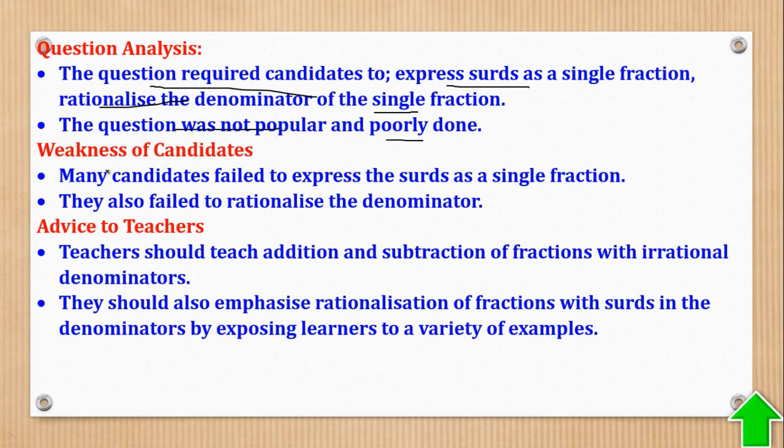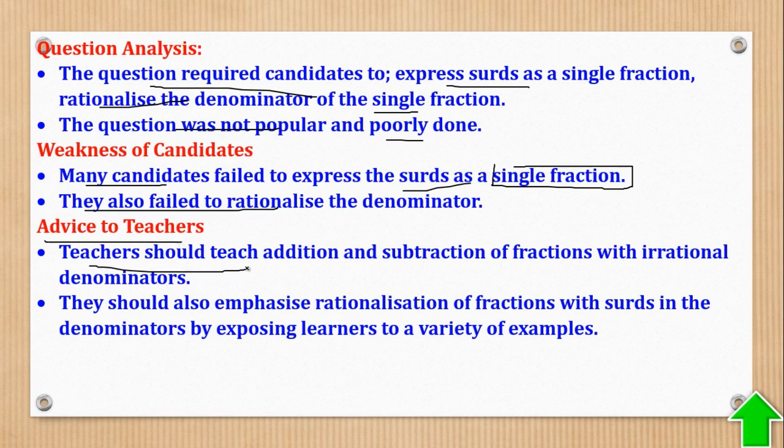Candidates are used to questions with only one fraction, whereby they just straight away begin to rationalize. But here, it needed you to get LCM and get one quotient. Then you can rationalize that. It was a little tricky. So many candidates fail to express surds as a single fraction, that part of getting LCM. Then they also fail to rationalize the denominator.